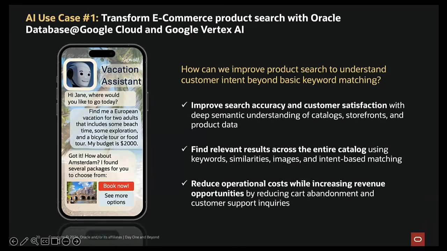So instead of basic keyword matching, we're using Oracle AI Vector Search, all powered by Oracle Database at Google Cloud, together with Google Vertex AI to understand the customer intent. So a user or a buyer can describe what they're looking for in natural language, and then the assistant returns semantically relevant results matching on the intent, images, categories, and characteristics, and not just exact words.